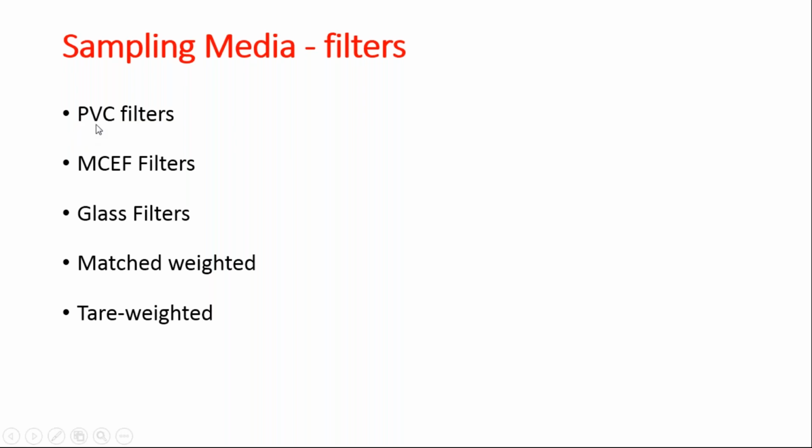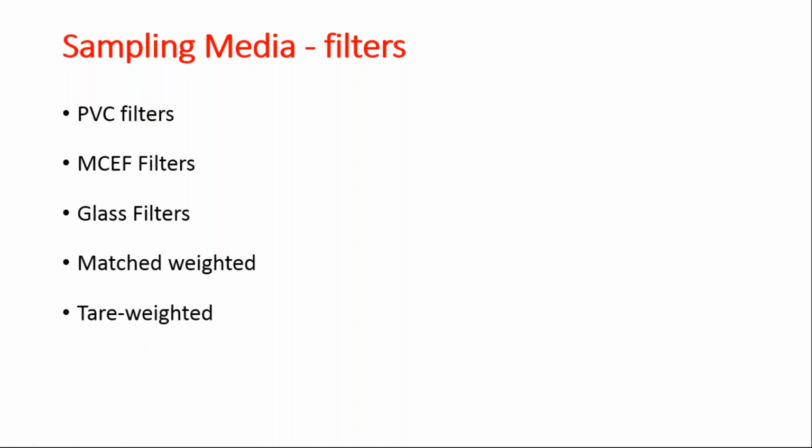For example, there are polyvinyl chloride filters, in short PVC filters. And there are MCE filters, which are called mixed cellulose ester filters. And there are glass fiber filters, and weighted filters.